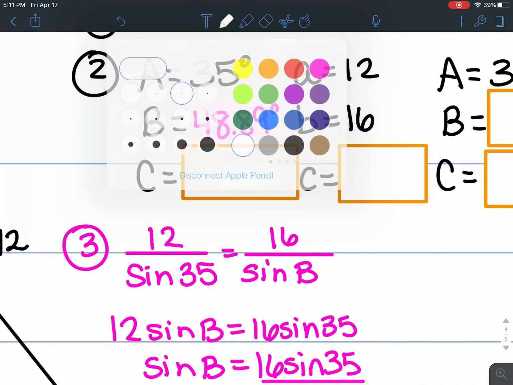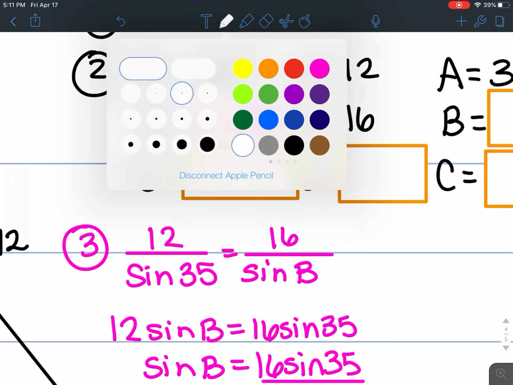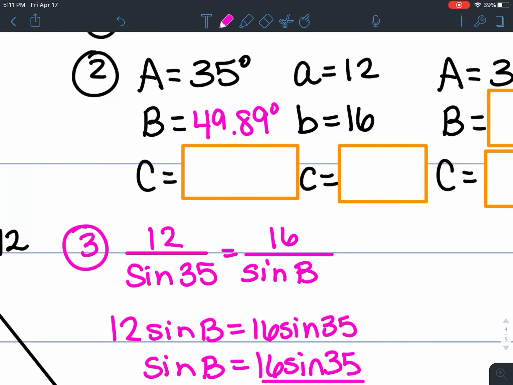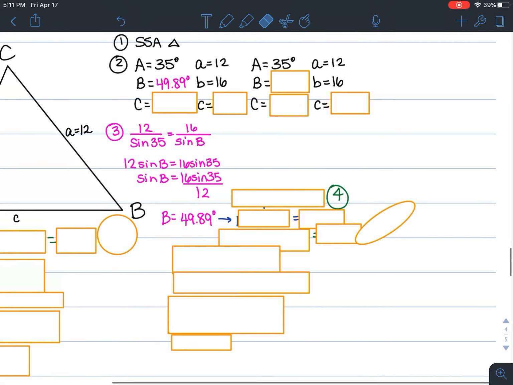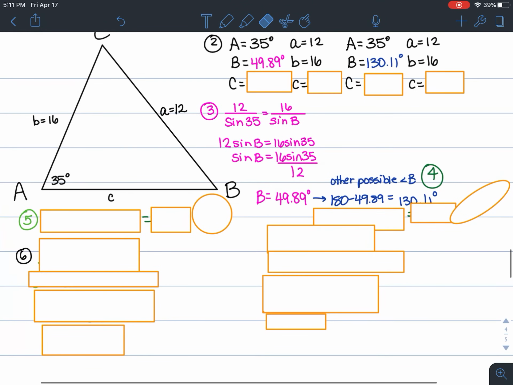So let me go in and change this. Sorry about that. There we go. Okay. So we subtract that from 180. That gets our other possible angle B. That's 130.11. That's our other possible angle B.